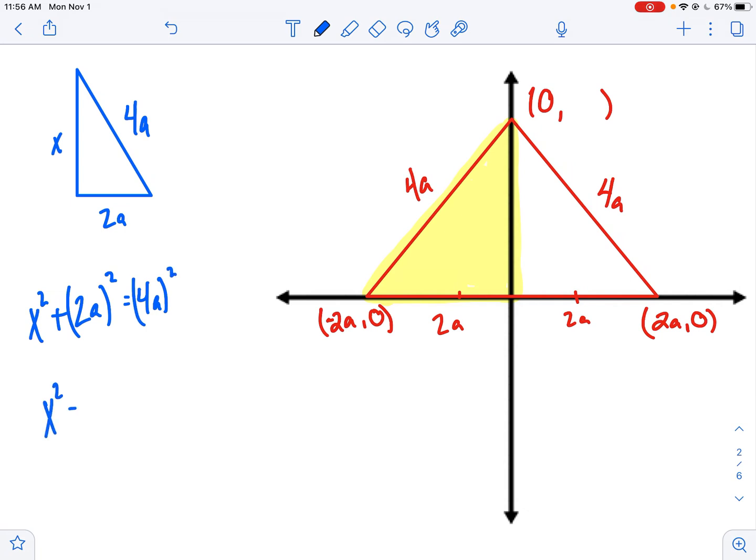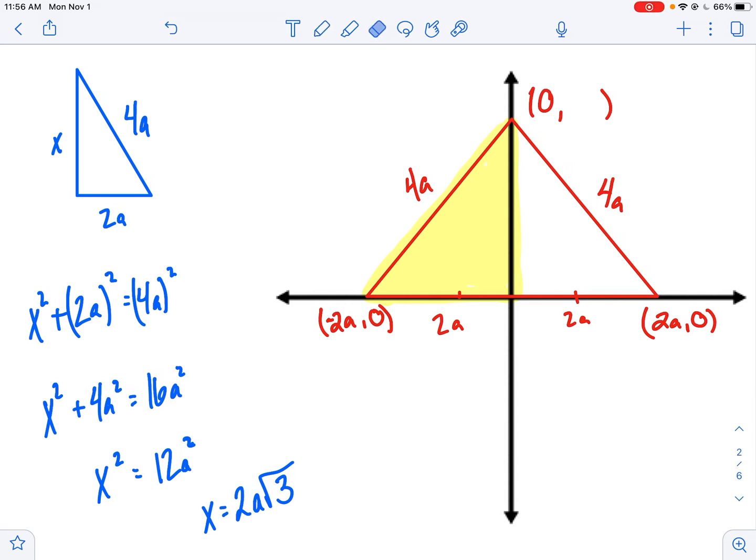So x squared plus 4a squared equals 16a squared. So x squared would be 12a squared, or x would be the square root of 12a squared, which you could do as 2a root 3.